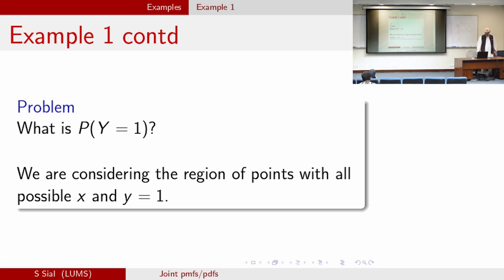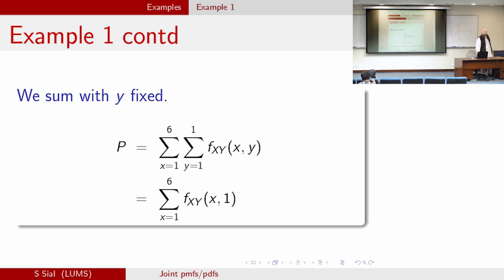There's no restriction on x, so we sum over the probabilities of all of the allowed ordered pairs. So x should go from 1 to 6.